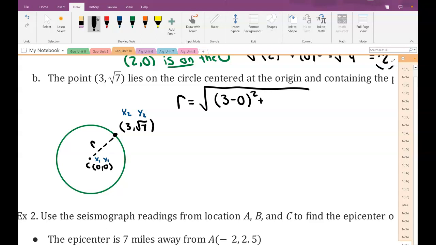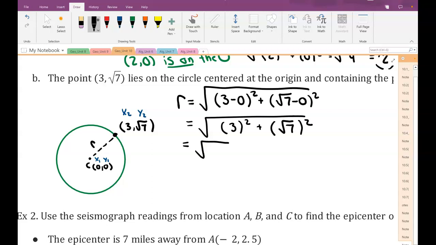This is where it's nice if you're at the origin, your x1 and y1 are 0, because then you're just subtracting off 0. And showing this step isn't always necessary because we know it's just going to be the same. So simplifying, this would be 3 squared, this would be square root of 7 squared.